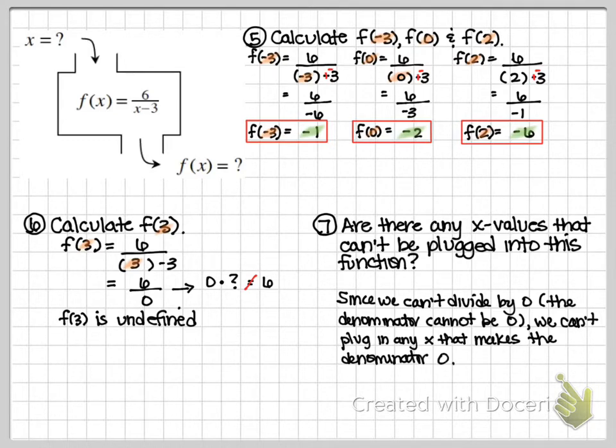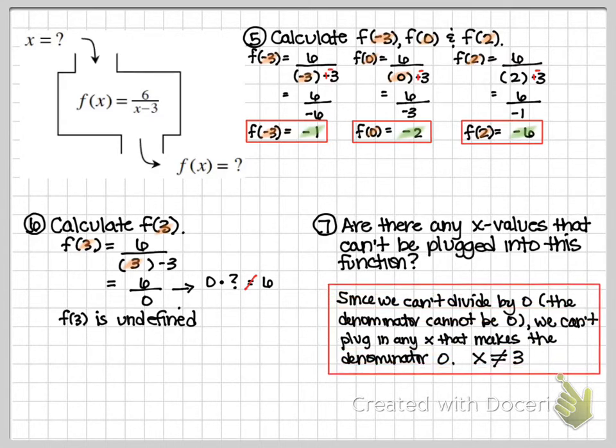So in this case, the thing that if we plug it in makes the denominator 0 is 3. So just like what we did in number 6, x is not allowed to be 3, because when it is, we get something that is undefined. We get something that's not even on the graph.